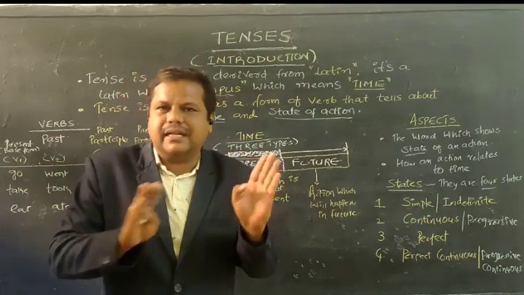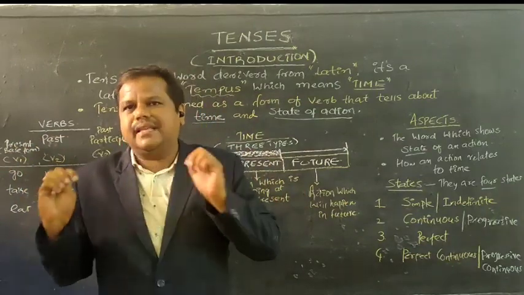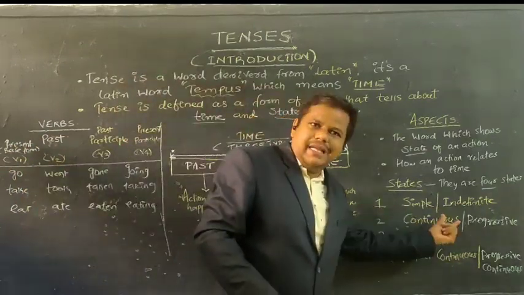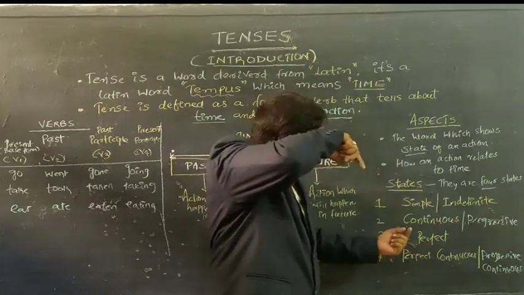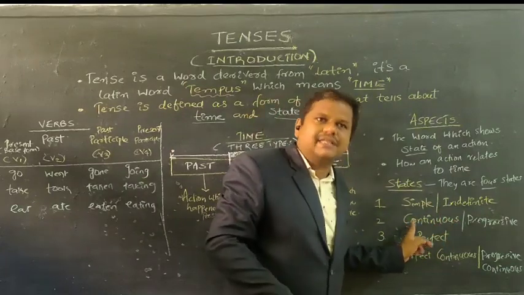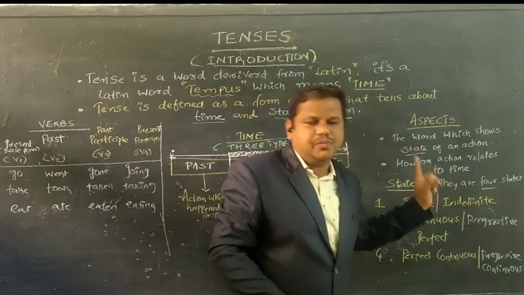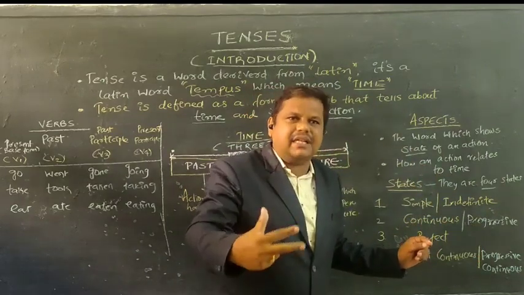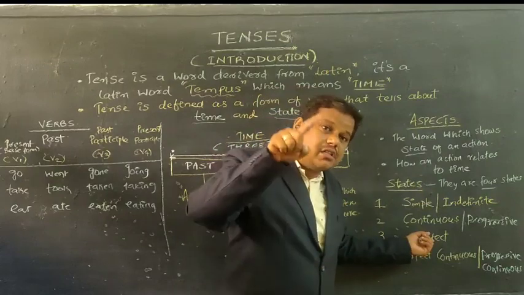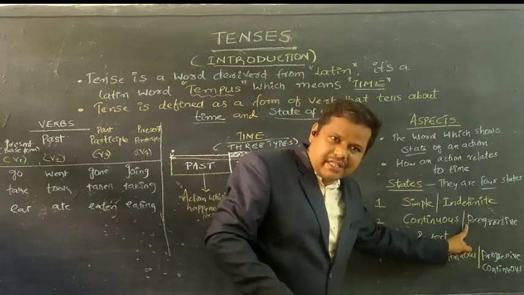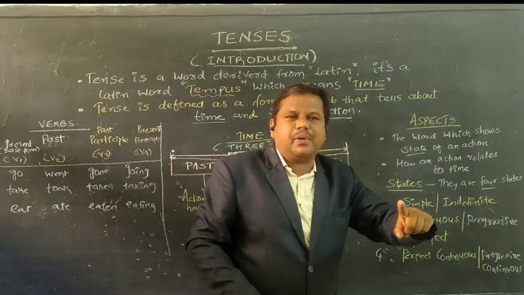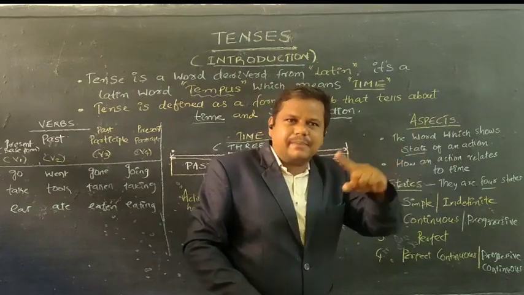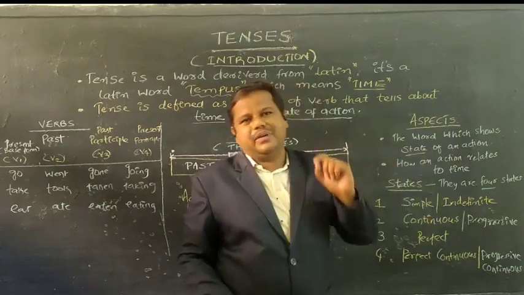Don't get confused, the meaning is the same. The next one, continuous, is also called progressive. So present continuous, past continuous, future continuous, also called present progressive, past progressive, future progressive.